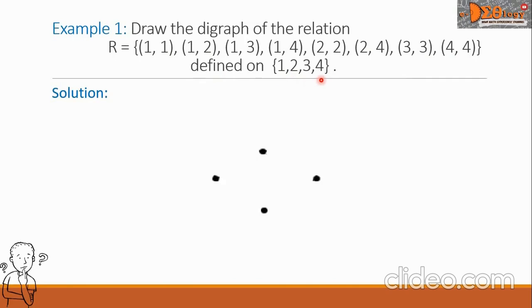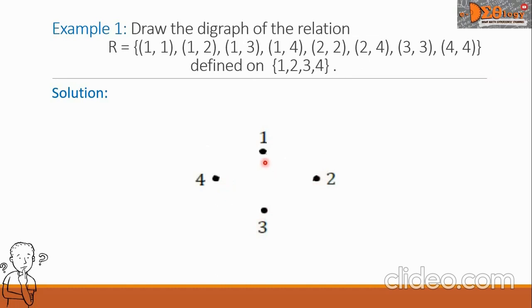For our solution, let us draw 4 points here. Let us assign the elements of the set to each of the points. We can write the number 1 here or here, depending on where we want to put it. For this example, let us write this point to be 1, this is point 2, point 3, and point 4.